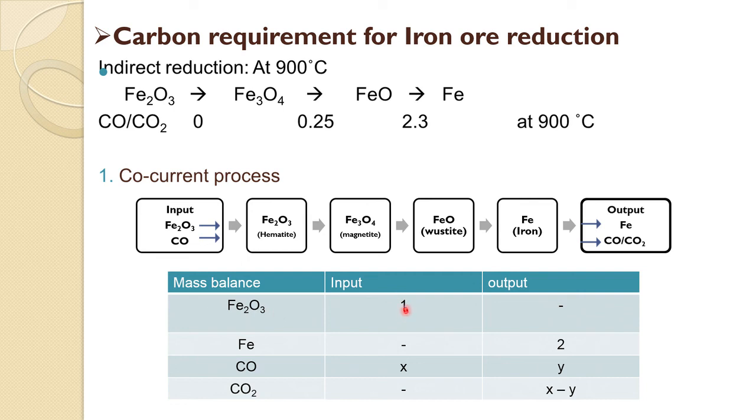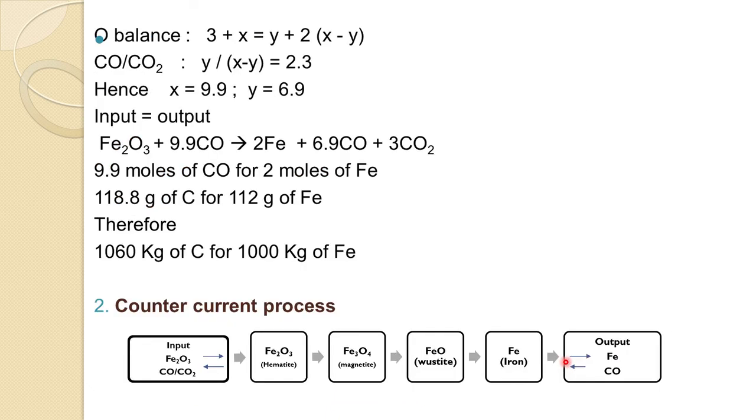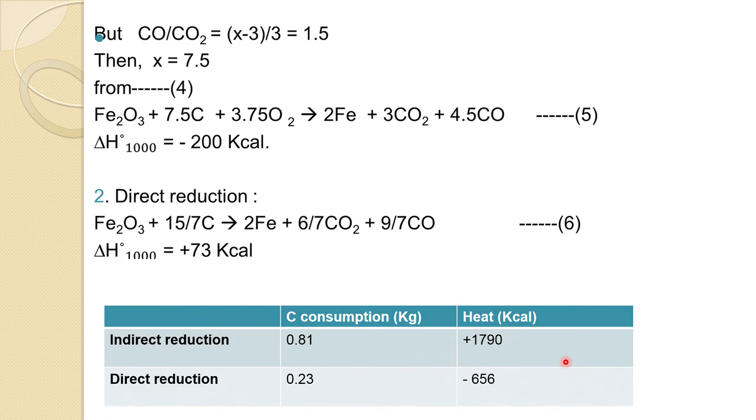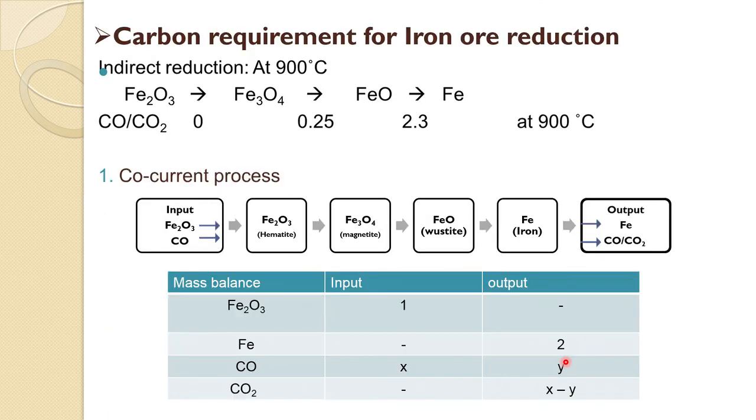So, 1 mole of hematite and x mole of CO is reacting with this, giving 2 mole of iron and, of course, you can see this from one of these reactions which we had before. So, giving y mole of CO and x minus y mole of CO2. So, that is a normal mass balance, you can do it.